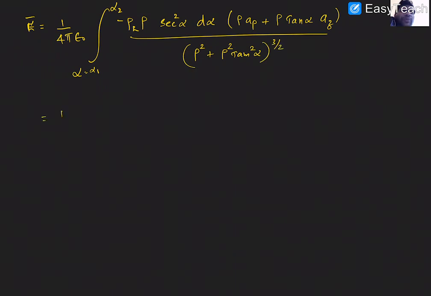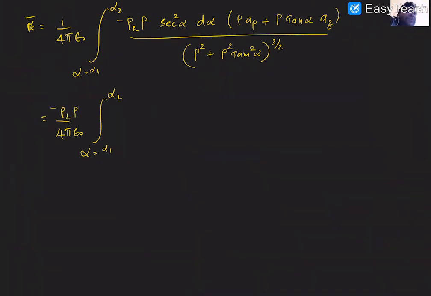Now this is equal to 1 over 4 pi epsilon 0, alpha varies from alpha 1 to alpha 2, minus rho L. Okay, these are all constants, so minus rho L into rho.